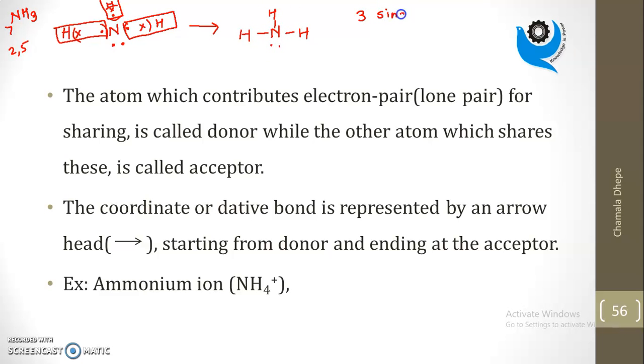Here are 3 single covalent bonds and 1 lone pair is present. Lone pair means it is not taking part in the bond formation, so it is called a lone pair. So 1 lone pair is here, and the molecule which is having the lone pair is going to form the coordinate bond.